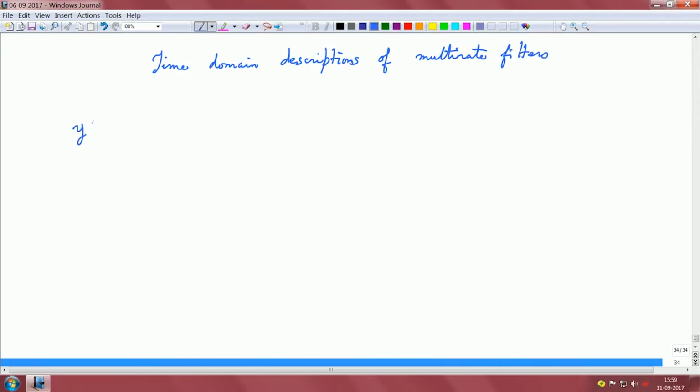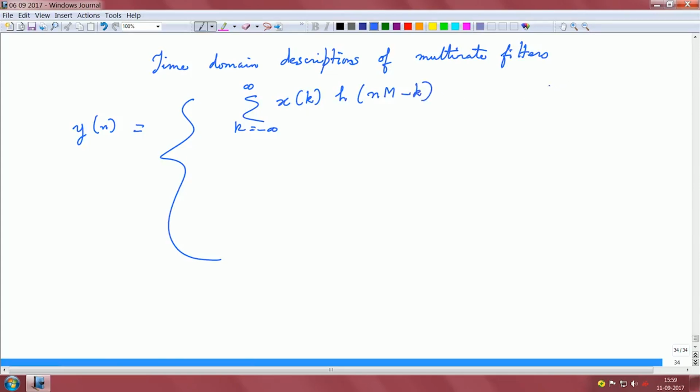Now y(n) equals summation k equals minus infinity to plus infinity x of k h of n m minus k, and this is the response if it is an m-fold decimator.